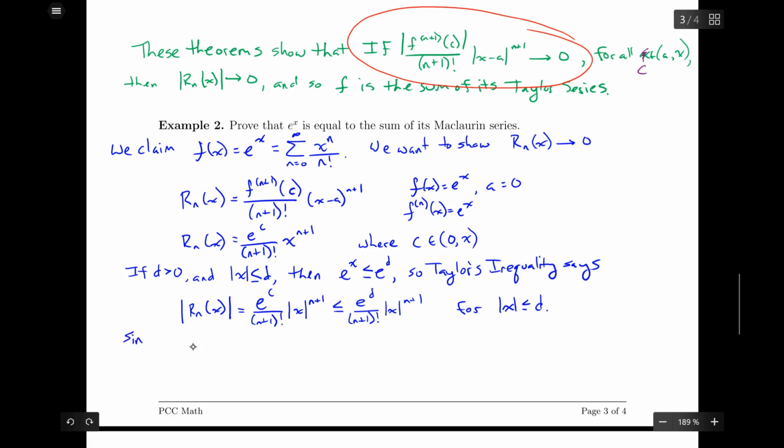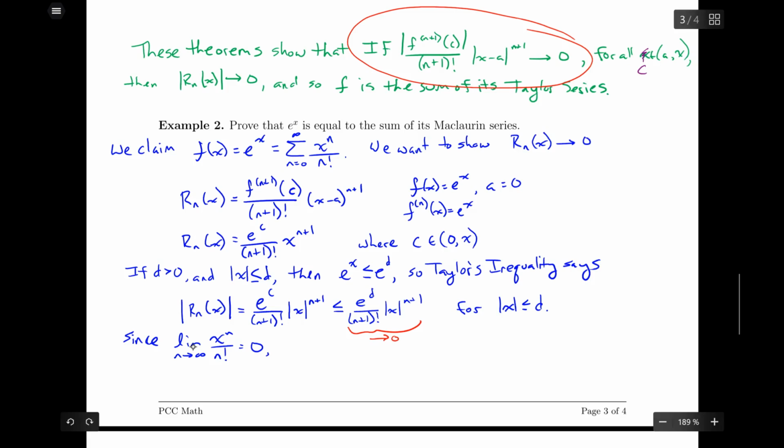Now, since we know from a previous video that the limit as n approaches infinity of x to the power of n over n factorial is equal to 0, it must be true that this part goes to 0.